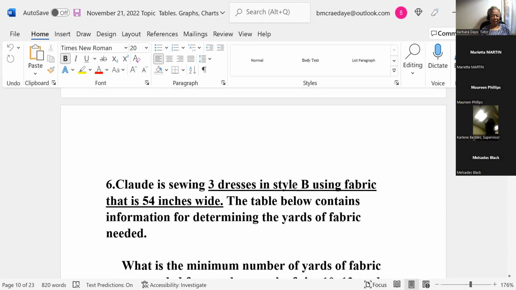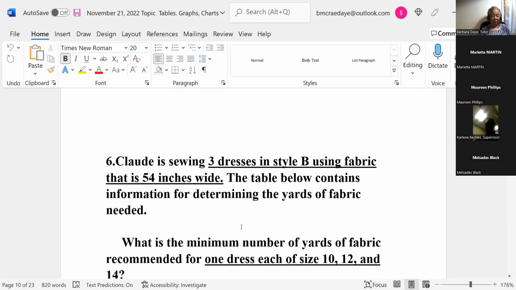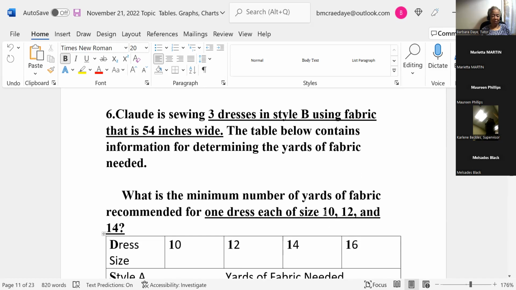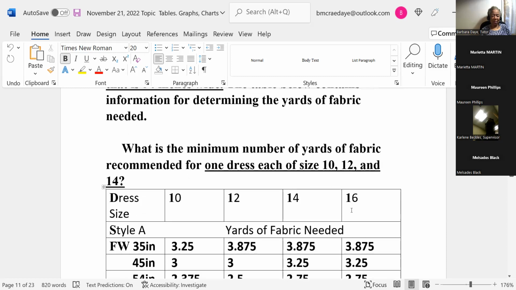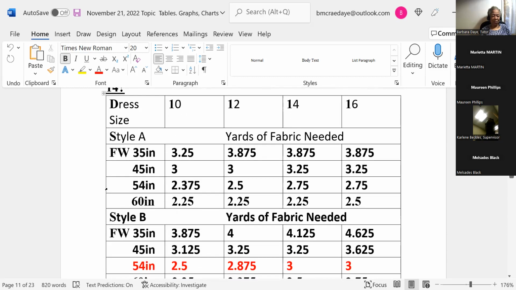And the fabric is 54 inches wide. That tells us to go to the 54 inches wide part of our table. And then the 3 dresses are in sizes 10, 12, and 14, so you go towards the side. You go straight to the style B part of the table, and this is where you get your answer.